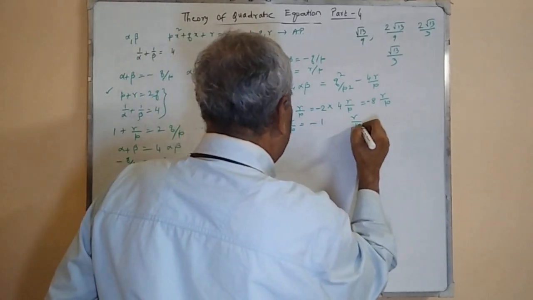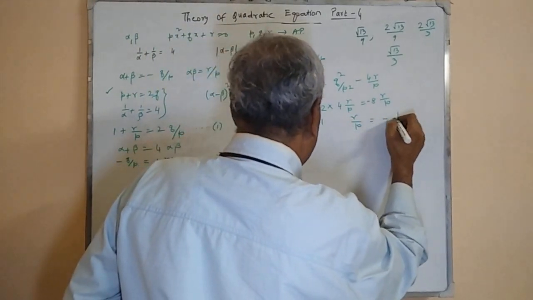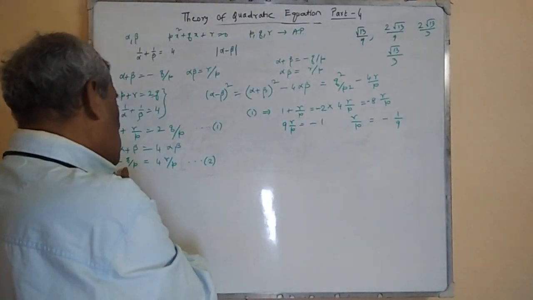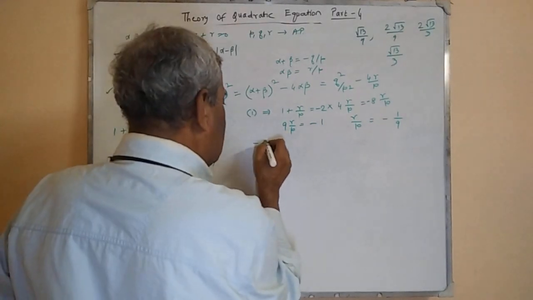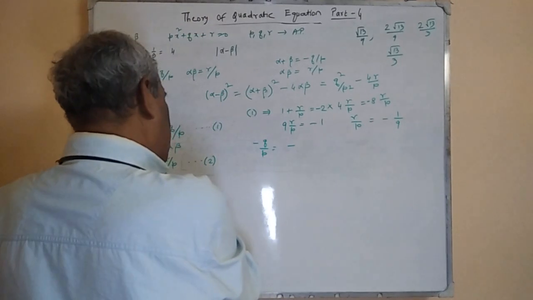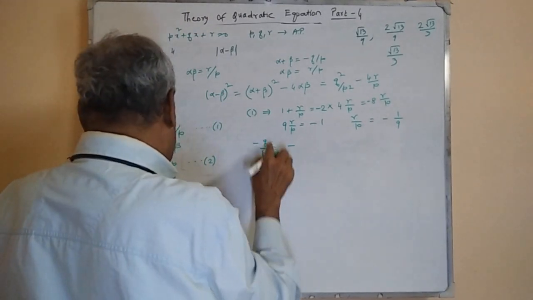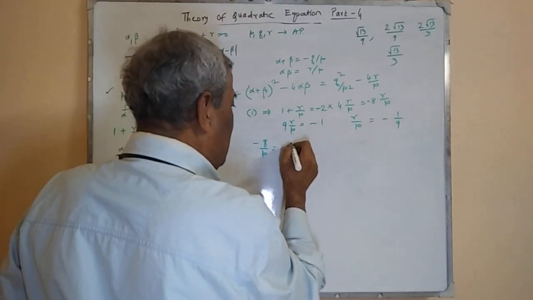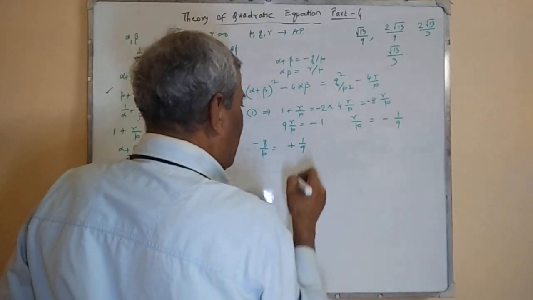So r by p is equal to minus 1 by 9 and q by p will be equal to, minus q by p is equal to 4 into r by p, and r by p is minus 1 by 9.